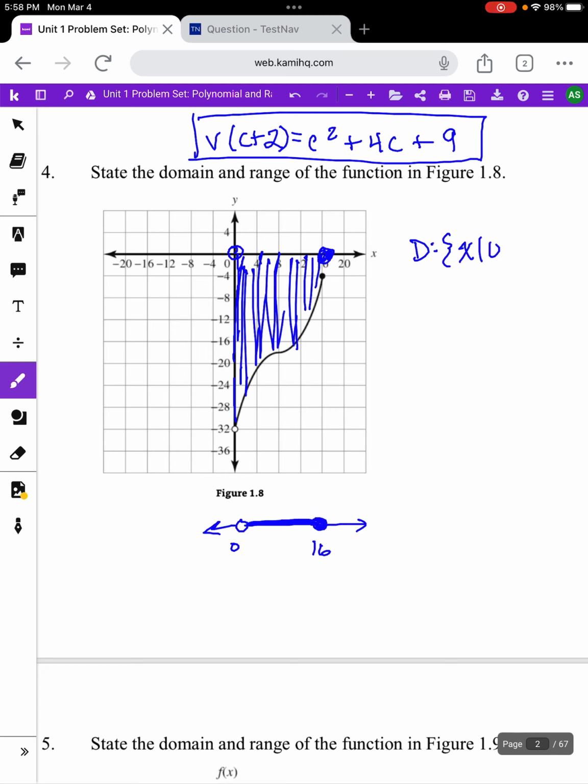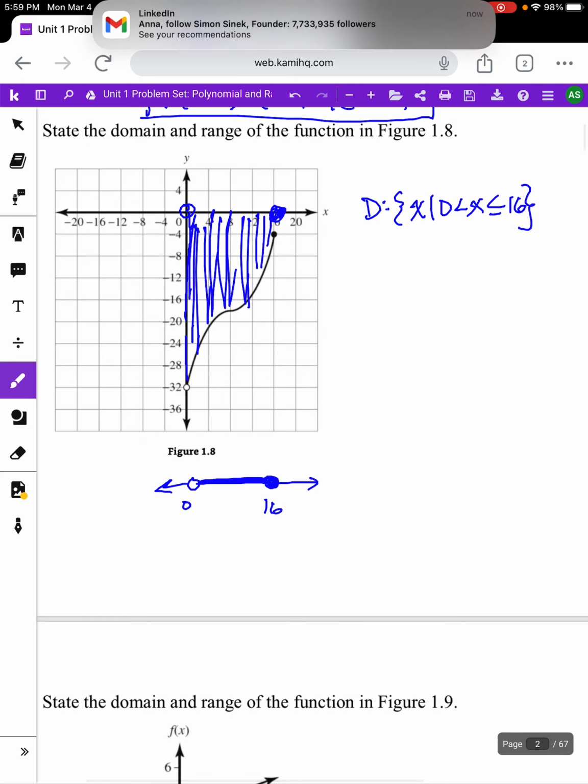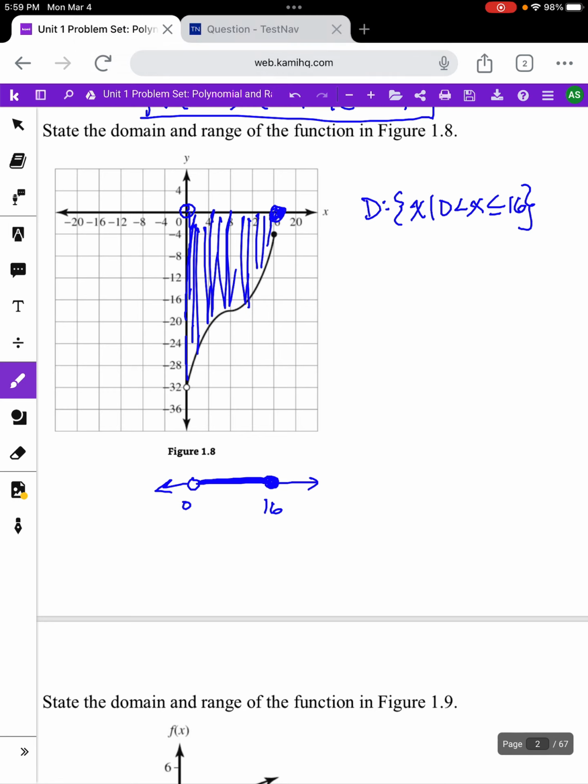So 0 is less than x, which is less than or equal to 16. That's one way you can write it. Another way you could write it would be parenthesis 0, because we're not including the 0, comma, 16, and then bracket because we are including the 16.